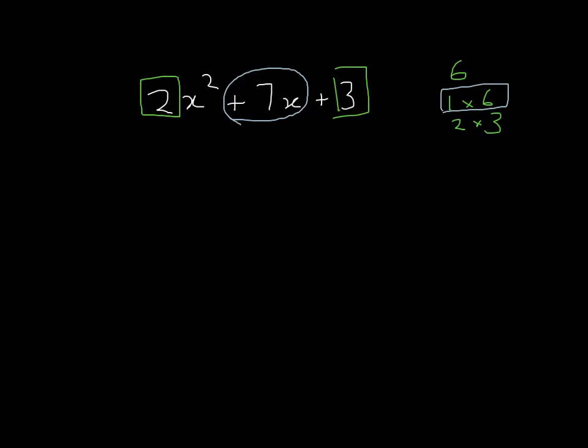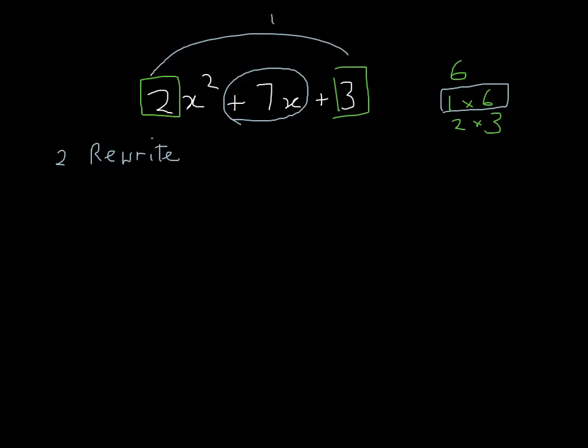Okay, so we multiply the first and the last. That's the first step. And the second step is to rewrite the equation.